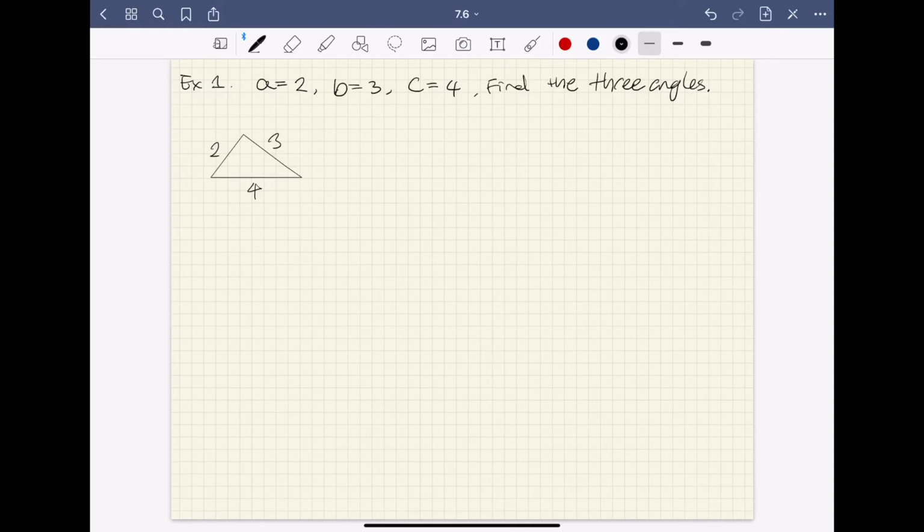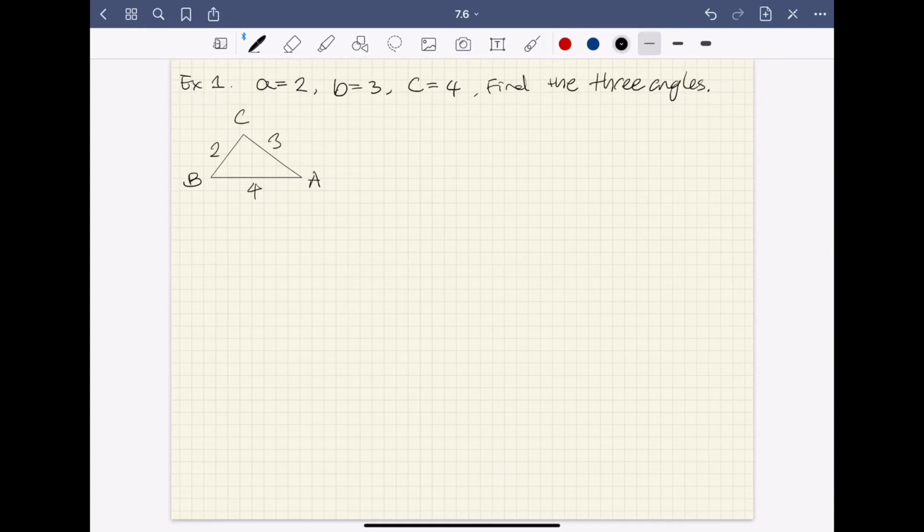So that's B, this is angle A, and this is angle C. And the question asks you to find the three angles given sides A, B, and C. How do we do this question? We know that if you're given an SSS case, you'll be using the law of cosine to find the angles.